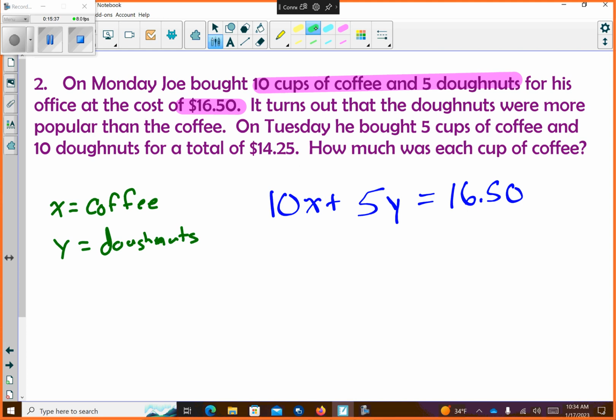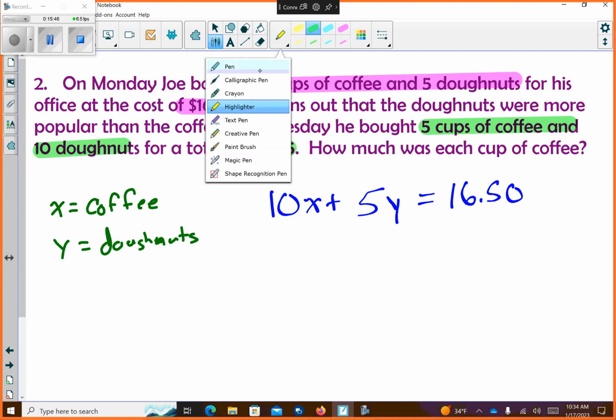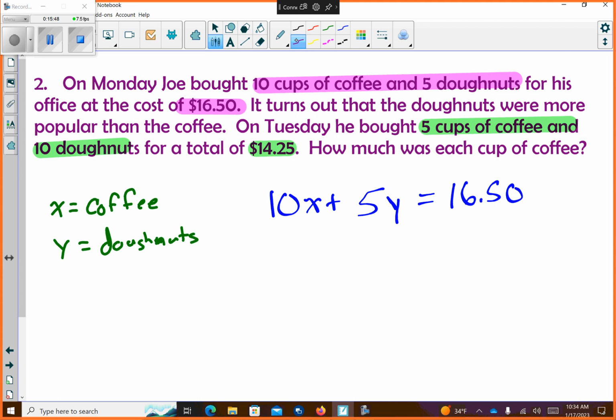All right. On a different day, he bought 5 cups of coffee and 10 donuts for $14.25. Okay? So 5 cups of coffee and 10 donuts for $14.25. So what's the equation of that going to be?